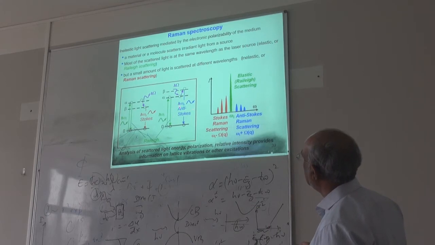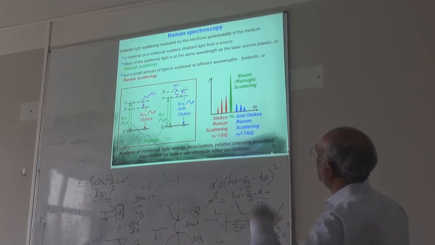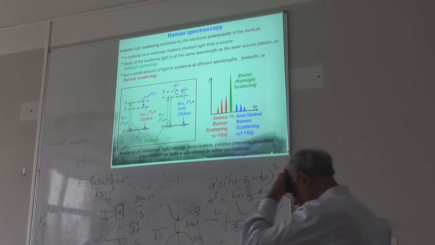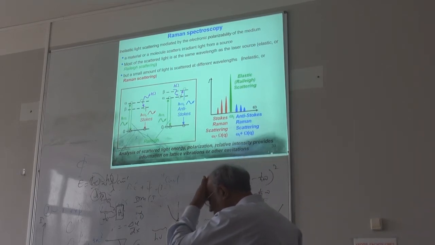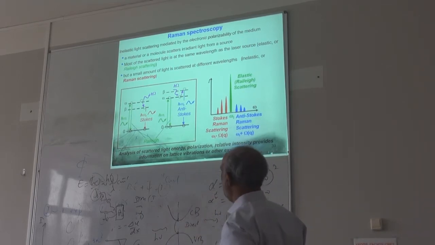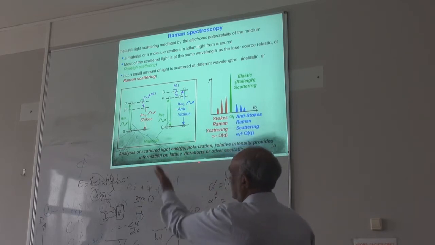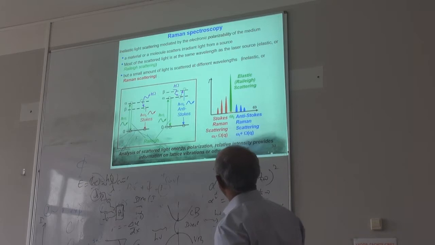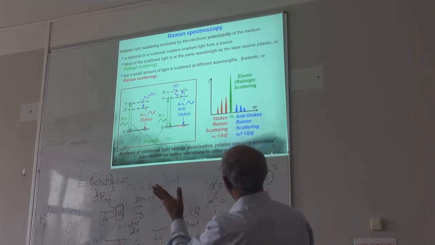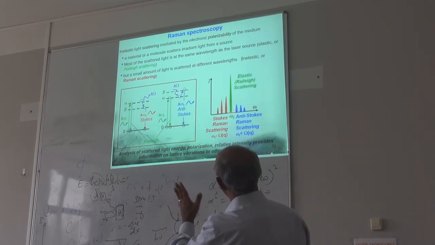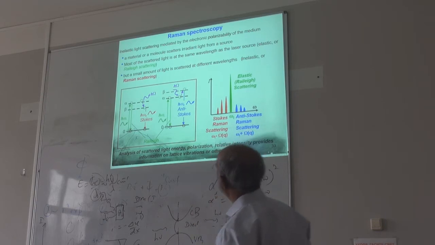But anti-Stokes is, we call it the annihilation of a phonon. That means you have higher energy, then you get higher energy. That means if you get the difference, that's the negative part, right? This is the Stokes part, this is the anti-Stokes part.